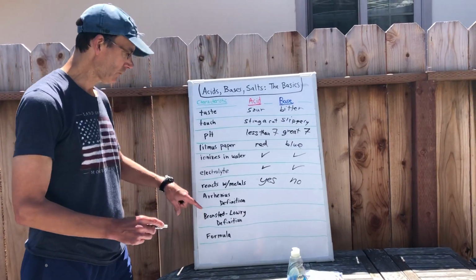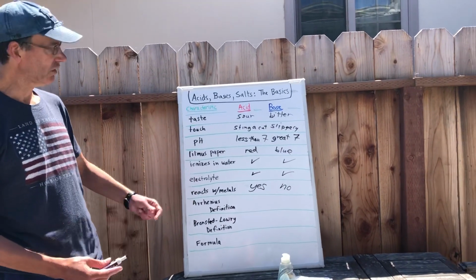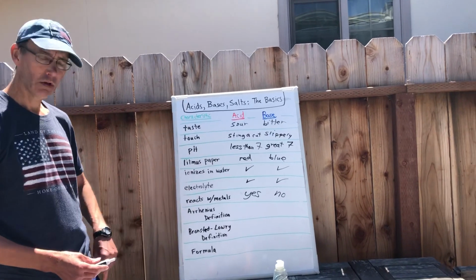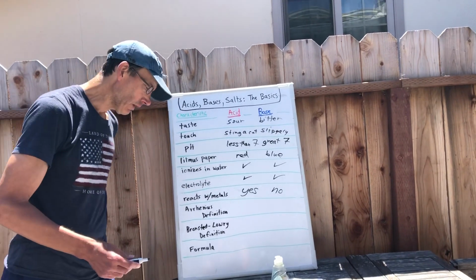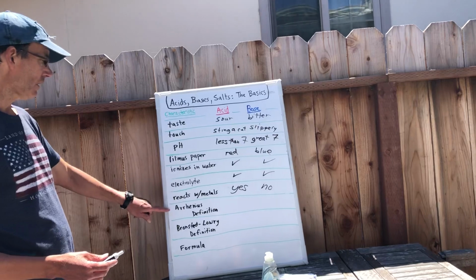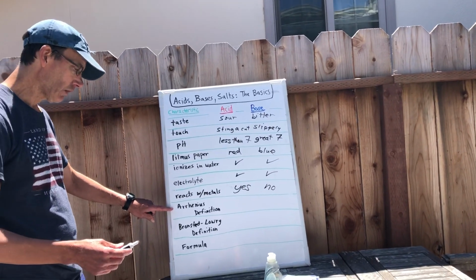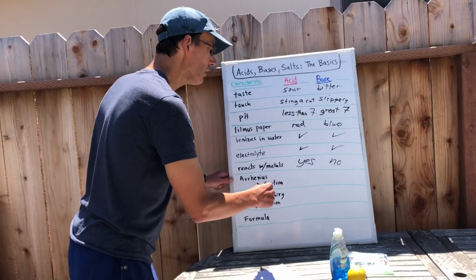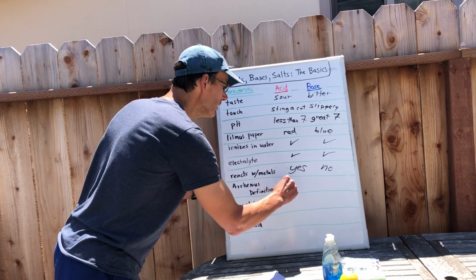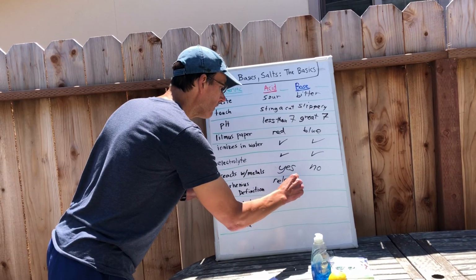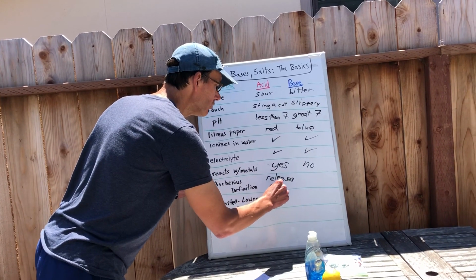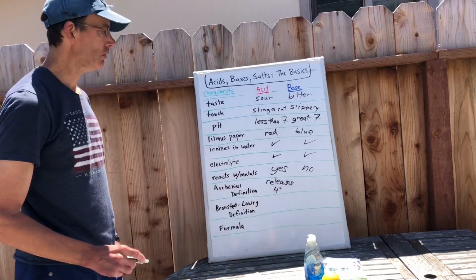Now these are some old-time chemists' definitions of acids, and I'm just going to put them down there. We'll talk more about them later. The Arrhenius definition of an acid is something that releases hydrogen ions into water.